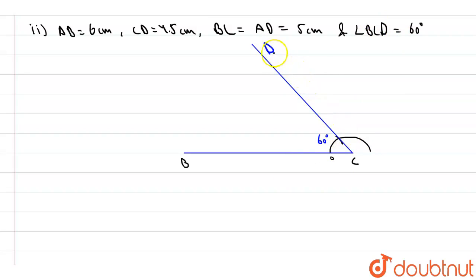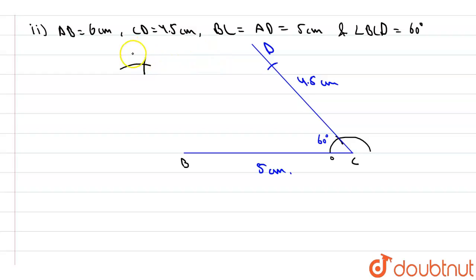But as we know, the DC measure is 4.5. So from the point C, cut a measure 4.5. So this is the 4.5 centimeter and the BC is 5 centimeter. As we know, the AD is 5 centimeter and AB is 6 centimeter. Take a compass of AB 6 centimeter, from the point B cut an arc of 6 centimeter, and for AD 5 centimeter, from point D cut an arc of 5 centimeter.